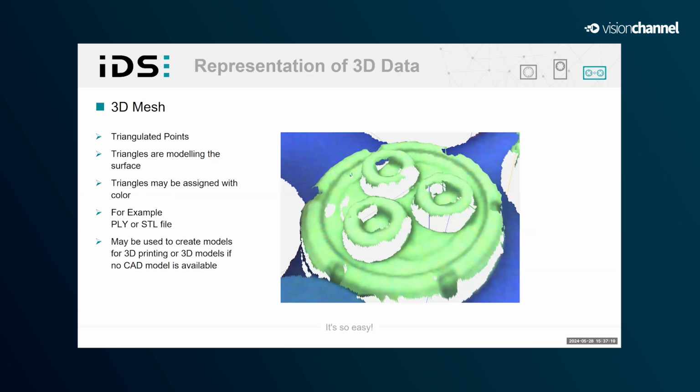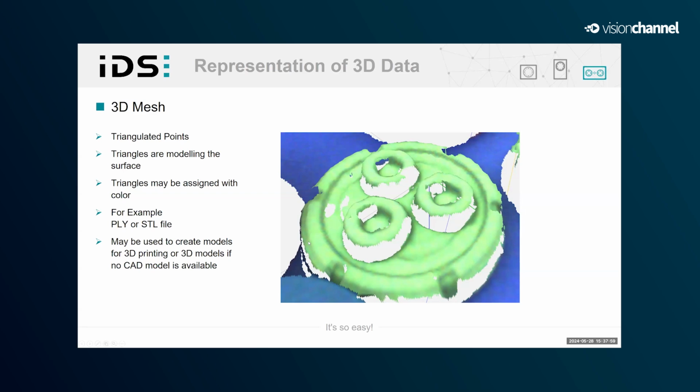The most known file formats are PLY or STL files, and they are commonly used, for example, for 3D printers, or if you want to search in your point cloud for a specific 3D model, for example, when you're doing bin picking, then you can create your own 3D model by saving your 3D data as a PLY file and use this later on to search for it in a point cloud.